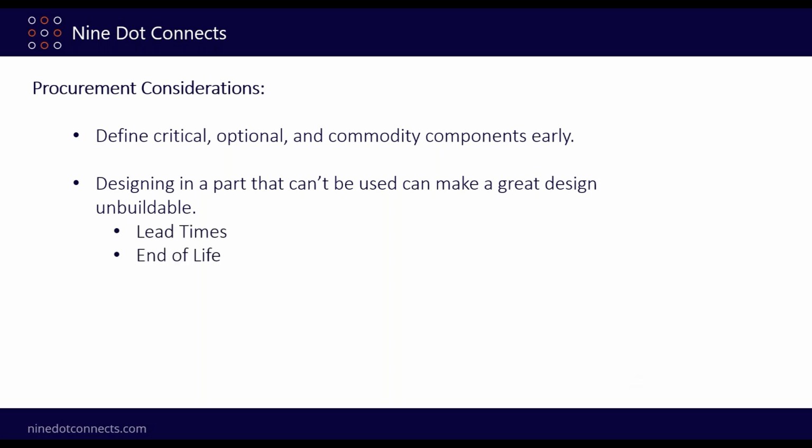So we want to look at lead times, end of life issues, allocation, and import-export issues, which is something I never really thought about before until it got too late. And that is that if you have a part that cannot for some reason be imported into a country, think about the impacts there. You have literally already gone into production. You've built maybe thousands or tens of thousands of these things.